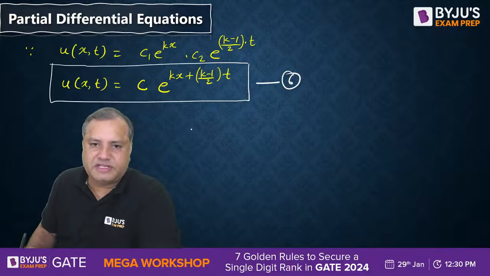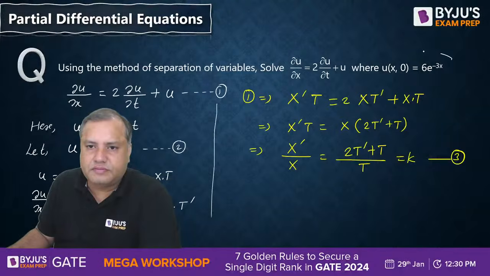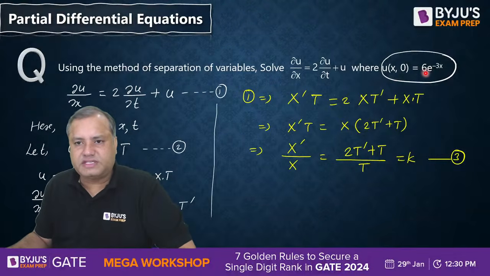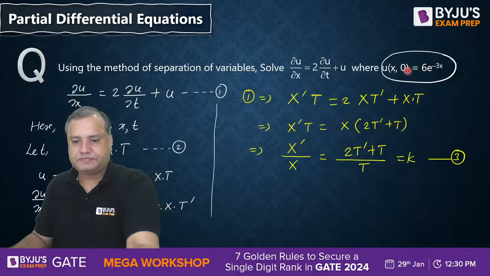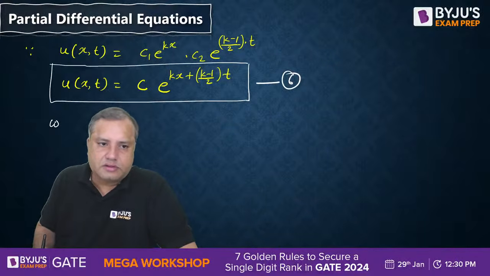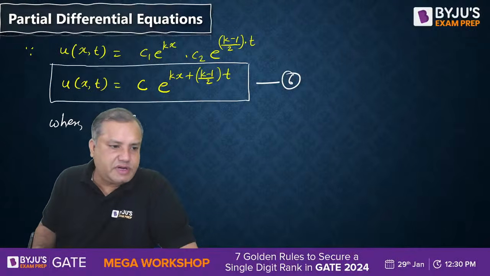Now, what they mentioned in the initial condition, u of x comma 0 is 6 e raised to minus 3x. You can mention here that c is c1 c2.